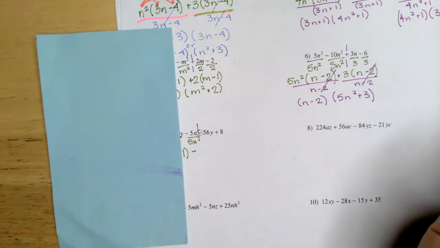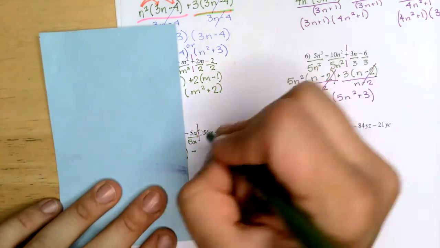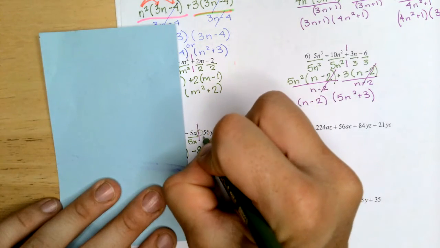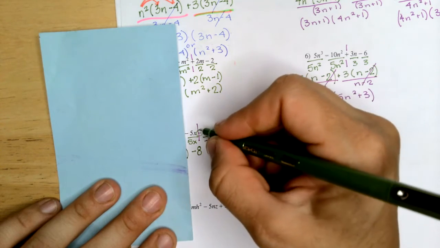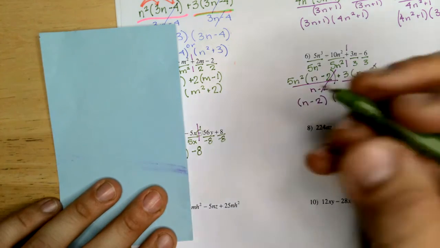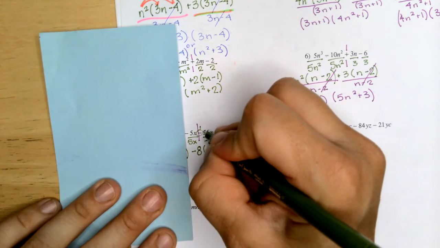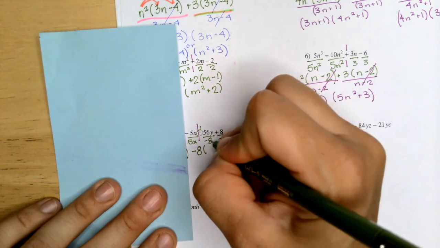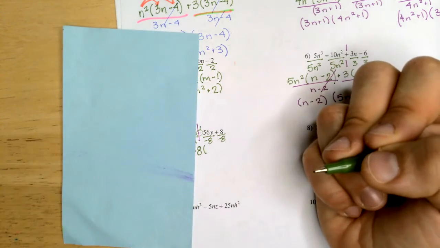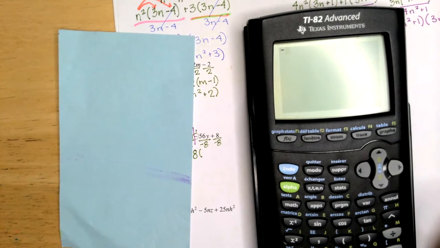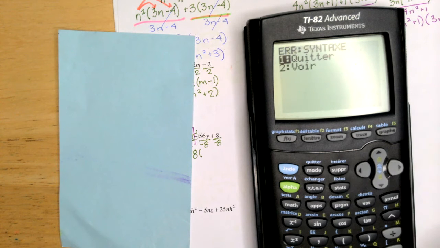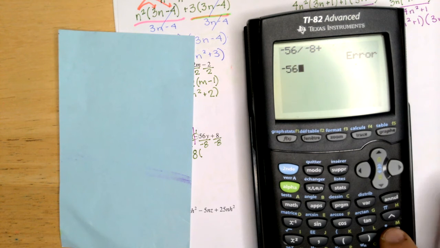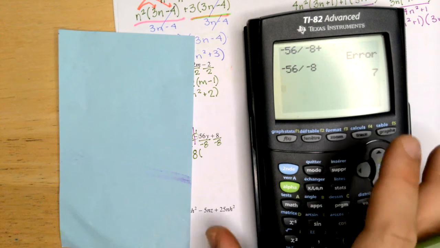So I'm going to take out a negative term. 56y and 8, they are both divisible by 8. So I'm going to divide it by -8, divide it by -8. Remember, I had to make it negative because of this. That's a minus. -56y divided by -8. -56 divided by -8 is 7.